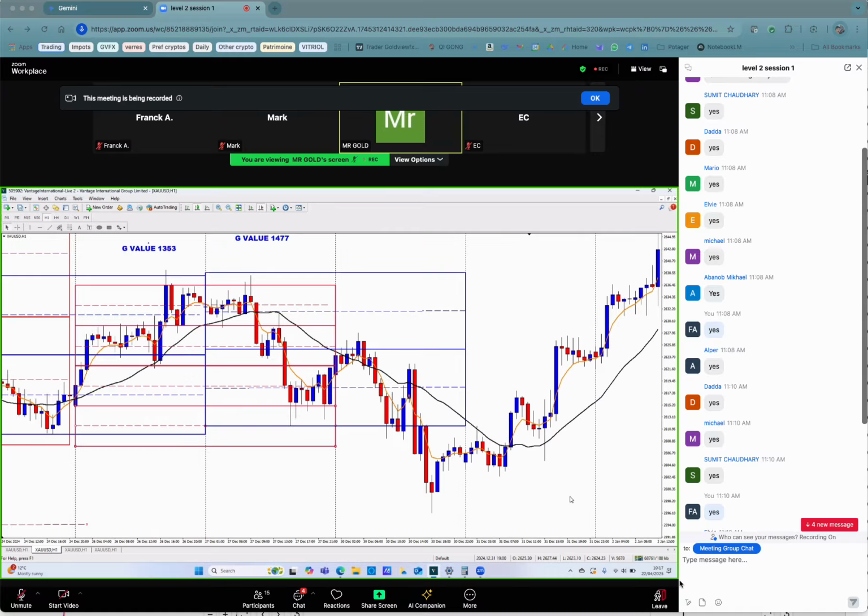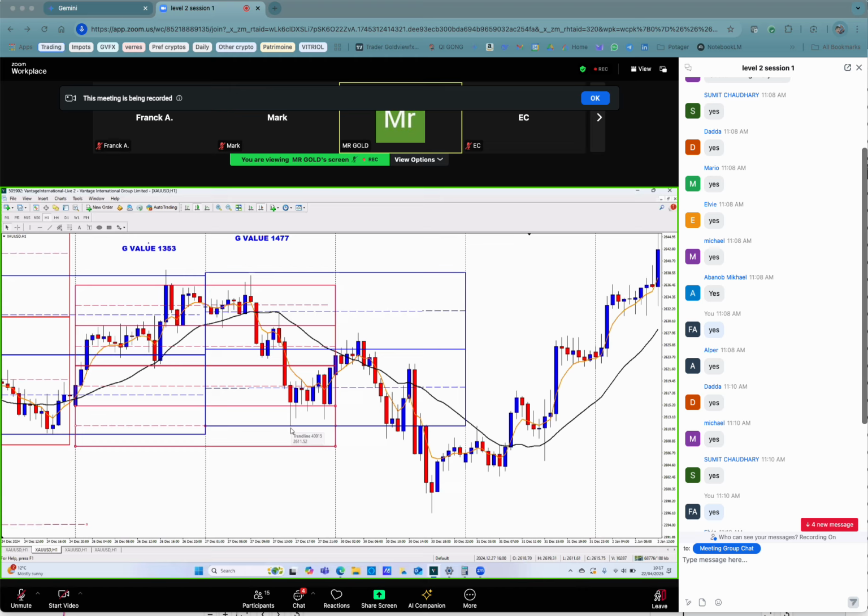So now, if you look at this day here, ignore the red box. This red box has come from the previous day. Just look at the blue box. The blue box is for this day here. And that's the low of the day. So remember, initially the low was here, but as the market went here, that was the lowest of the day. So that's the final box.